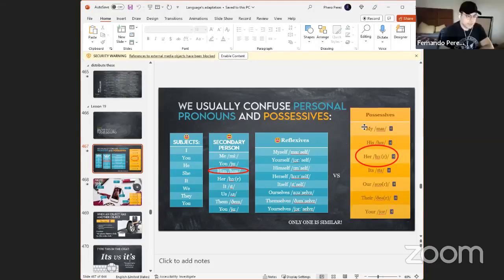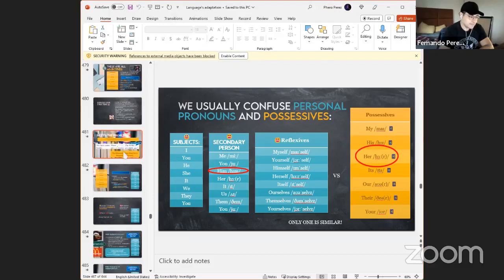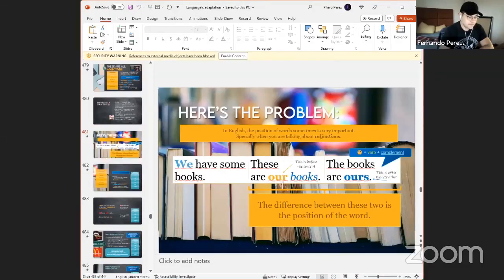Yellow, orange. And color words are adjectives. What is the main characteristic of adjectives?